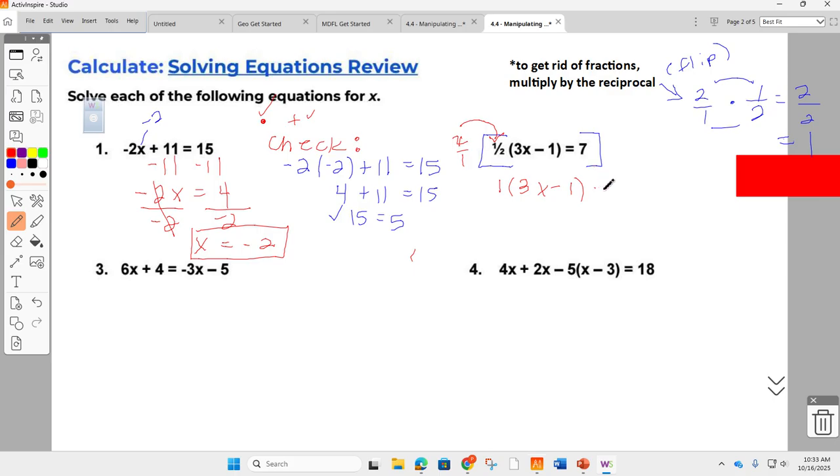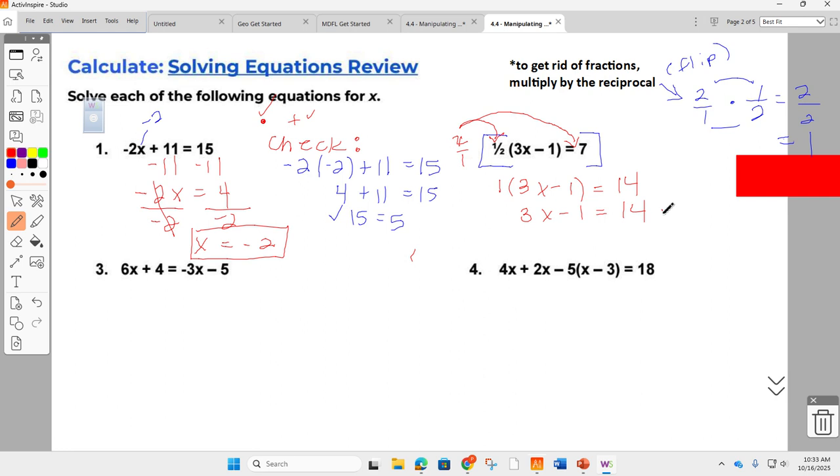It's equal to, now we can't forget, we're going to multiply it by 7 as well. I just did that for illustration, just so you can see what's happening. We really don't need that 1 there, do we? So really what we have is 3 times (x minus 1) equals 14.